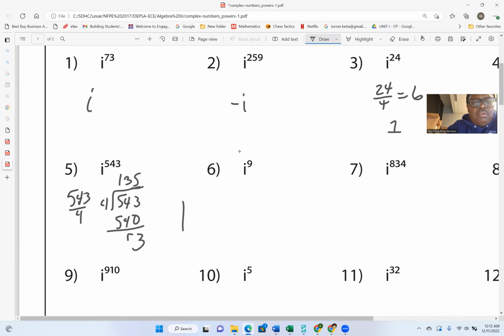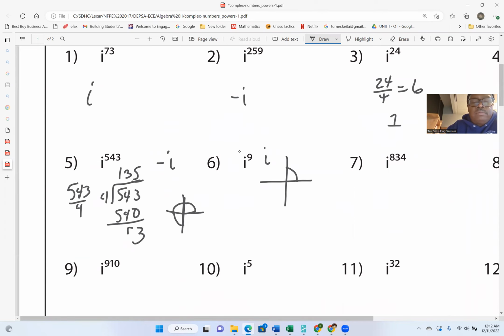Remainder of 3, using our rotator: 1, i to the first power, i squared, i cubed, -i. So -i. i to the 9th, same thing. 4 goes into 9, remainder of 1. Using our rotator, it's going to be i.